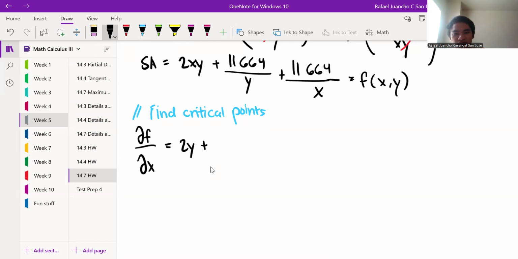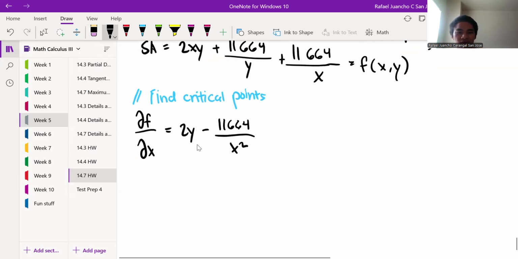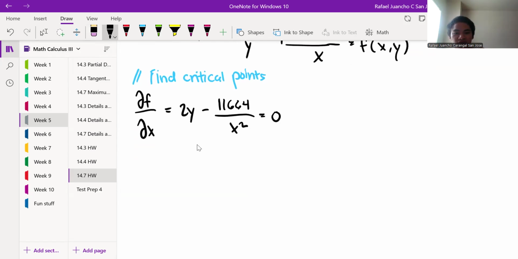This is 1 over x, which I believe is x to the -1, -1 over x squared. So I actually have negative this over x squared. And then I'm gonna make this equal to 0.